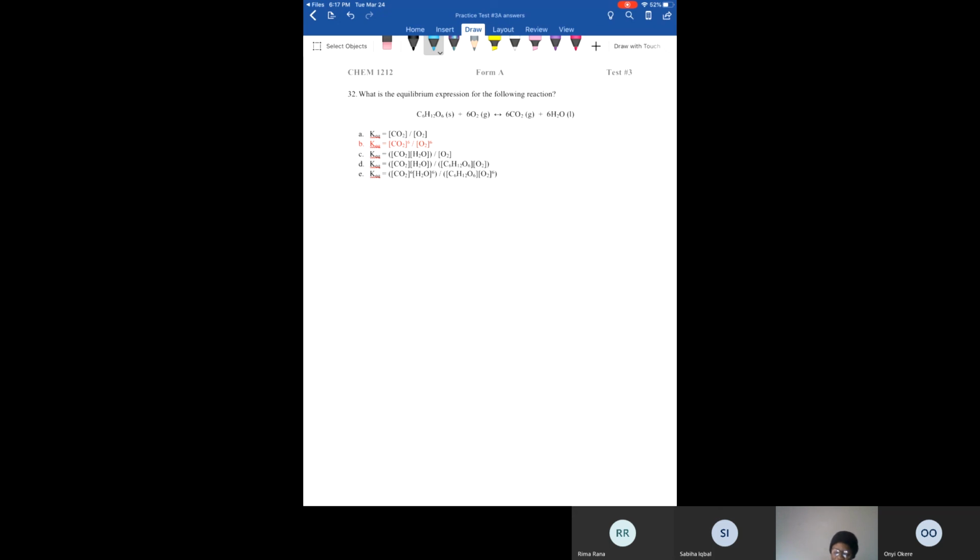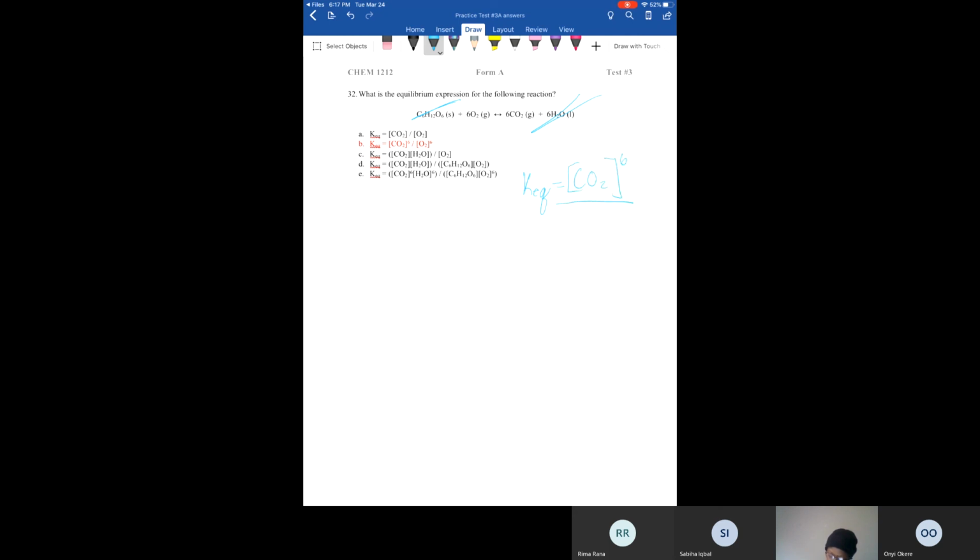Okay. So what is the equilibrium expression for the following reaction? Remember, only gases and aqueous species matter. No solids, no liquids. So your equilibrium expression is going to be your CO2.